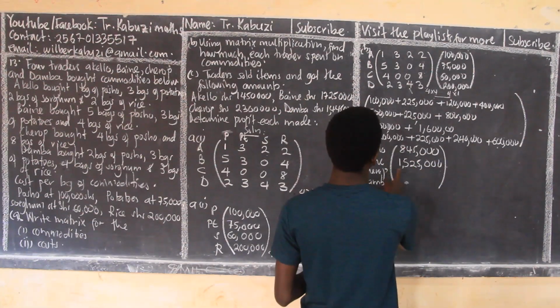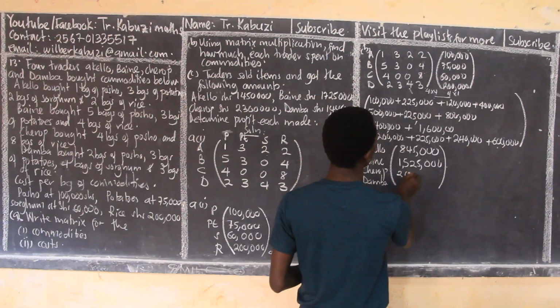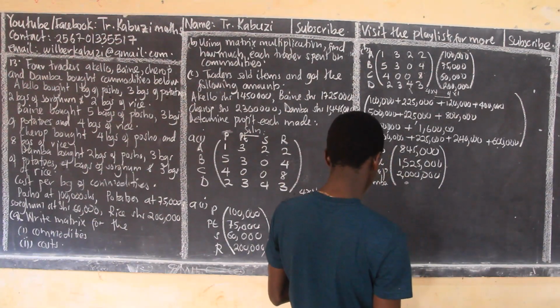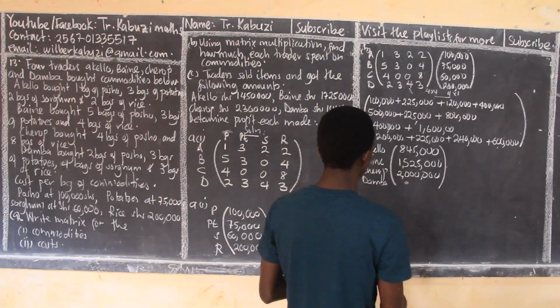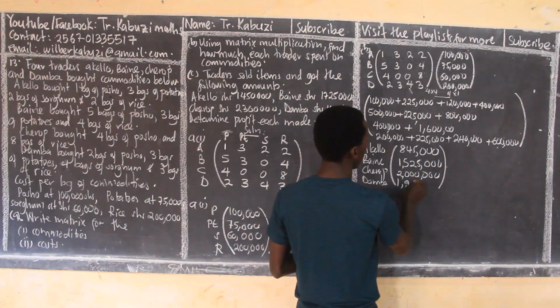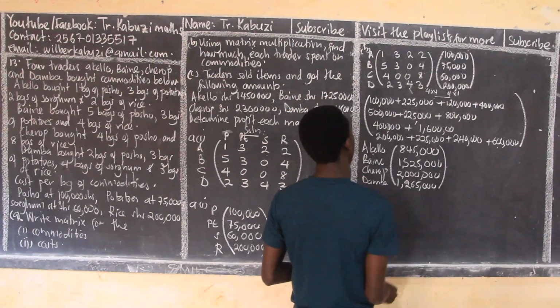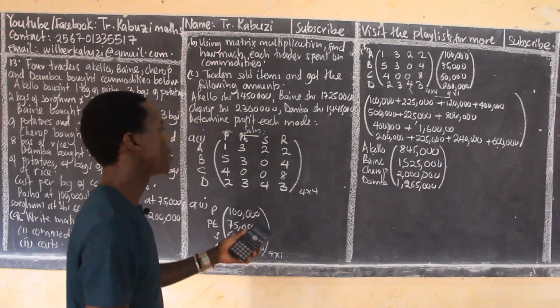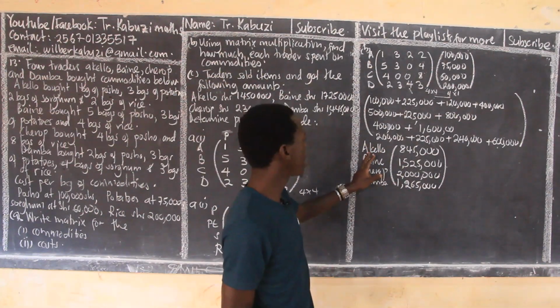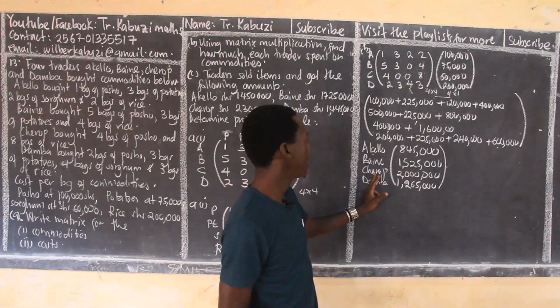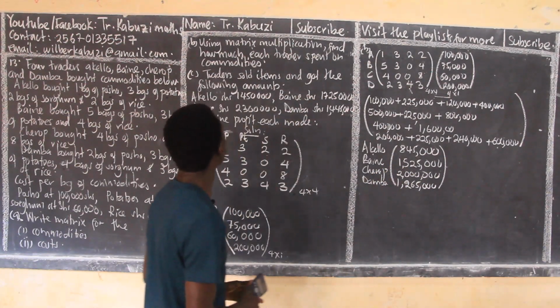So these are millions. Then Chorop, I think is going to have 2 millions. Then this one is going to have 1,265,000. So that's what we have in that order. Those are the prices. You can leave it here. This shows that Akero obtained this, Baine got this, and so on in that order. So that is our part B.